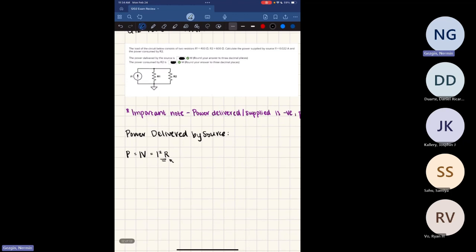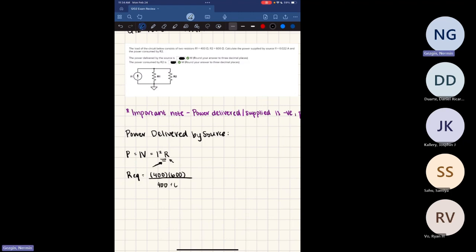So first, because we're looking for the power delivered by the source, we're looking at the entire circuit as a whole. So we need to find our equivalent to be able to plug that into this R value here. So because R1 and R2 are parallel to each other, we do the parallel combination for resistors. In this case, I'll use this form of combining them just so you guys are familiar with it.